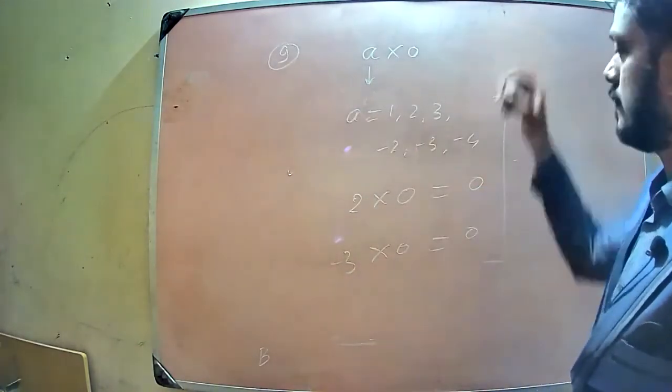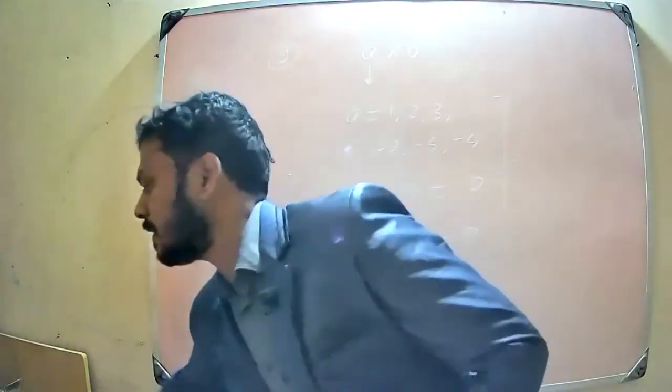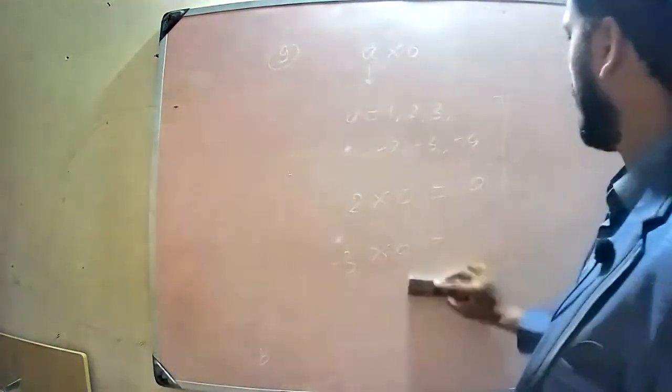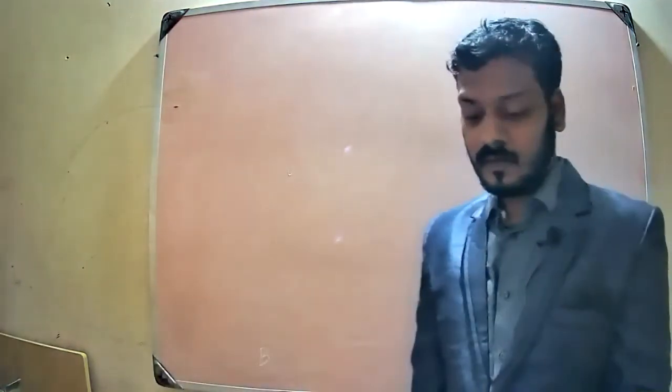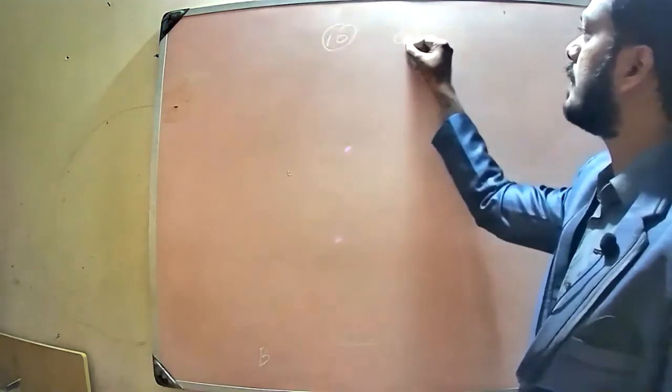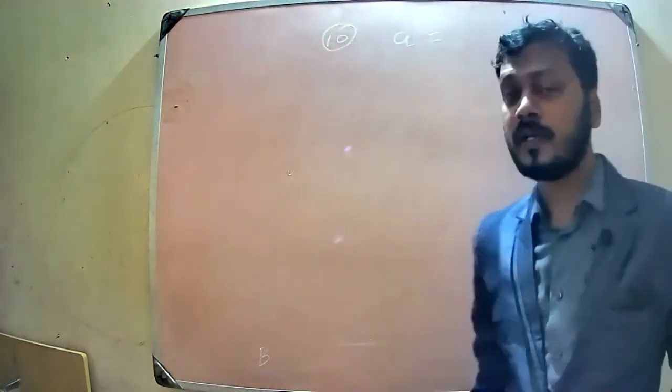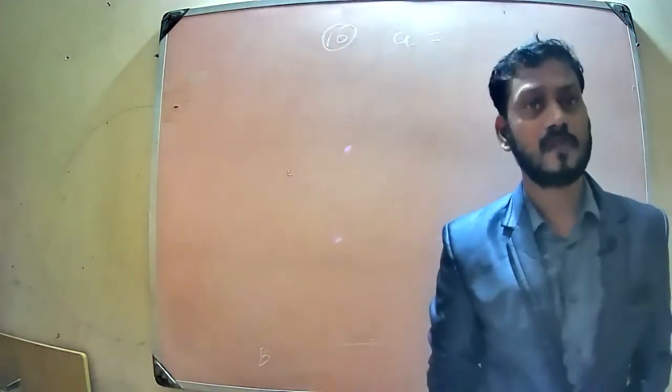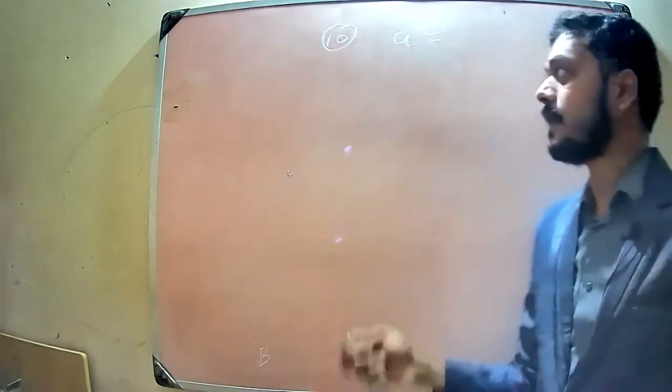After solving question number 10, we can close this video. The last question is: find a pair of integers whose difference is greater than both the integers. We can take a equal to, you can take according to you, a equal to 2, or 3 and so on.